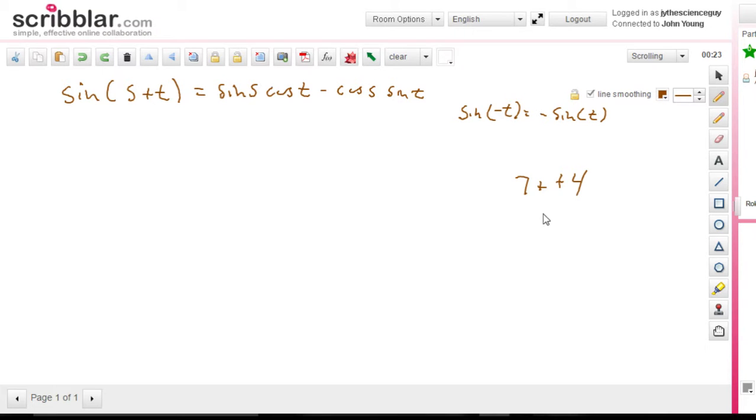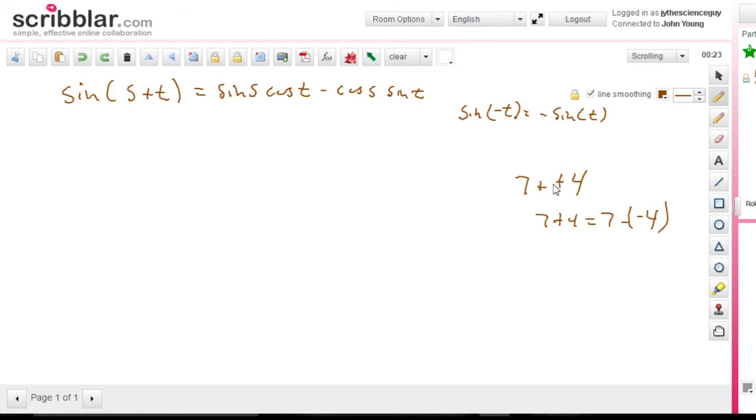So this is saying that 7 plus 4 is exactly the same as 7 minus a -4. And you should know that from pre-algebra. That's the way numbers work. If you have two positive numbers, I can separate them into a positive number minus a negative number.